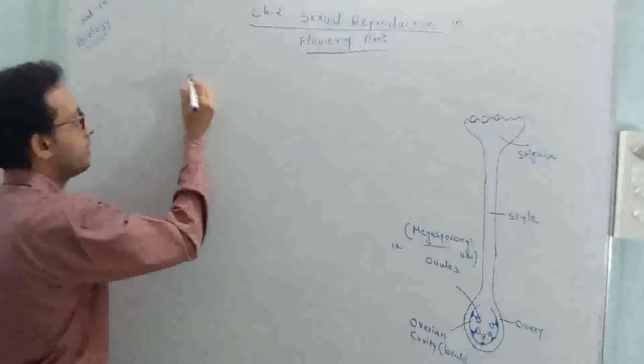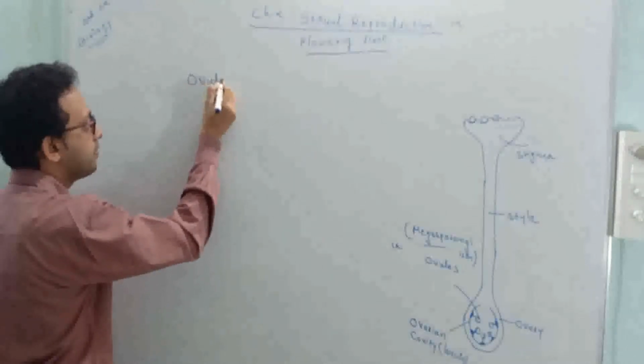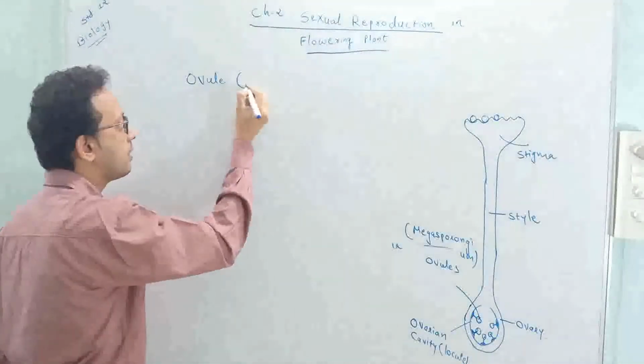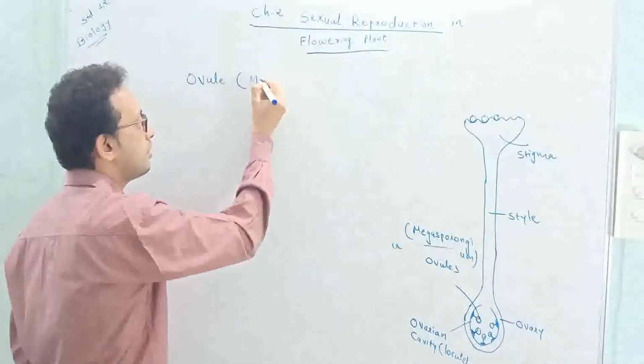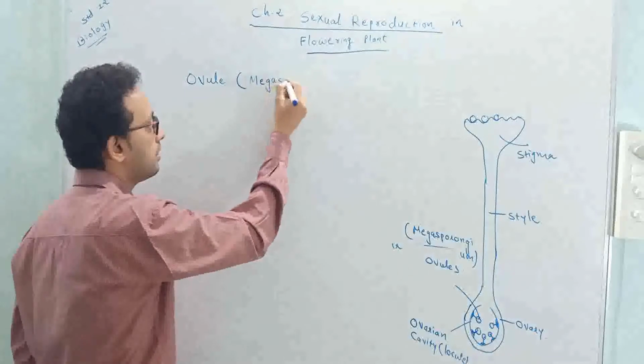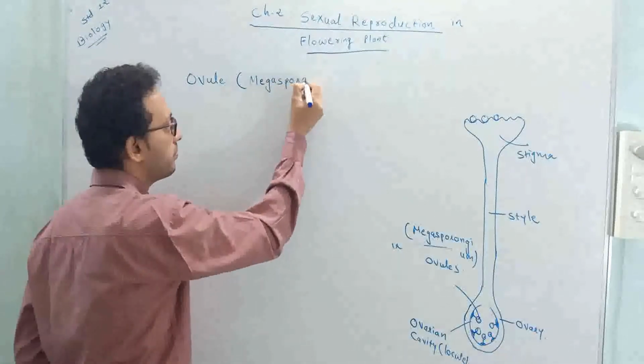Now we start with the structure of the ovule. Ovule can also be called megasporangium.